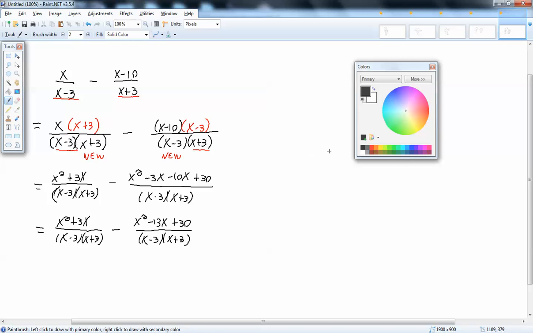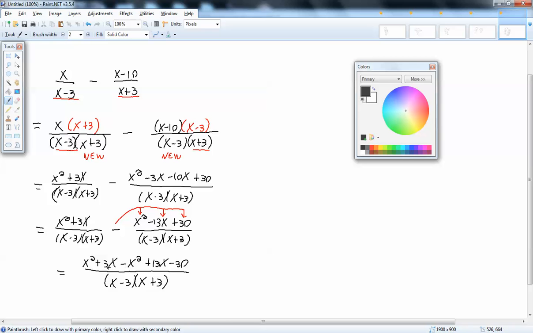Okay, now remember, if you have a negative out in front of your fraction, that'll flip the sign of everything inside. So flip the sign of the x squared, the negative 13x, and 30. So we're going to merge these into a single fraction. So we got x squared plus 3x minus x squared plus 13x minus 30. And this is seeming really familiar.